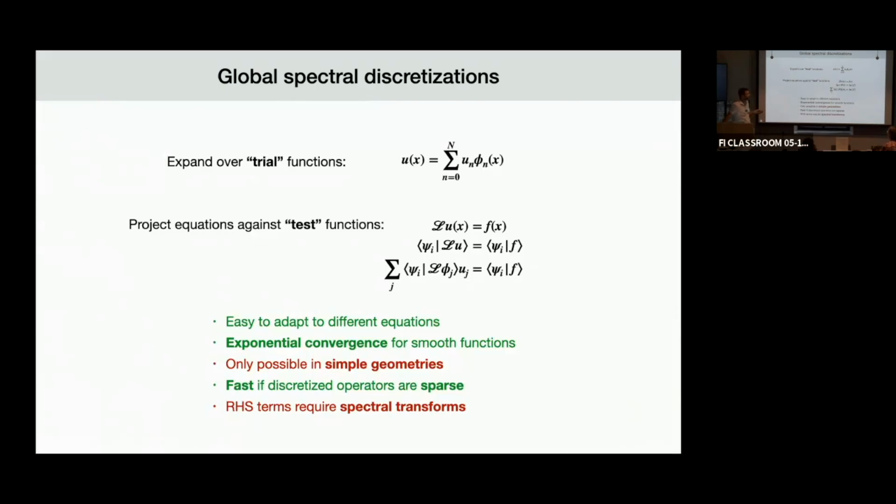So the other nice thing about this is that this representation in terms of global basis functions gives you in general exponential convergence if your functions are smooth over the entire domain. So that's what makes these methods very powerful for problems in sort of simple geometries and low Mach number flows, right? If we don't have shocks, then the solution is smooth in the sense that it has no discontinuities.